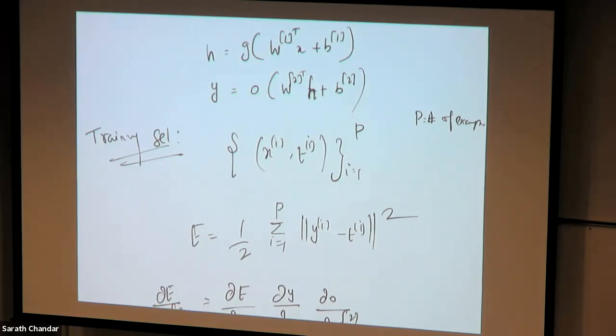Okay. Now, it is kind of easy and straightforward to just compute gradients here if you use the chain rule. It is possible to use the chain rule here because each of these is a differentiable, continuous function.